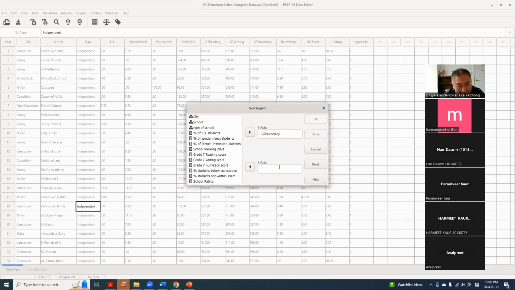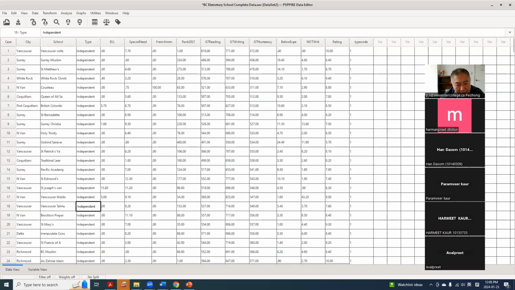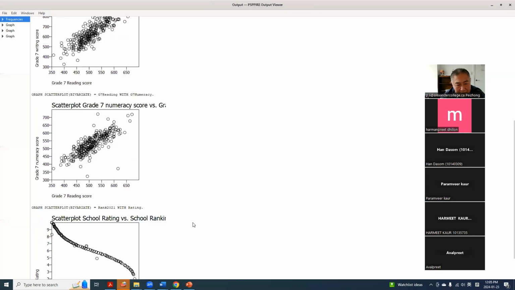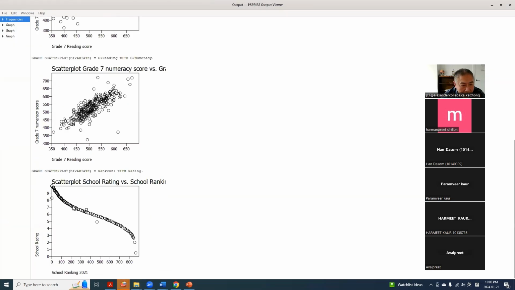On the x-axis, I'm going to get rid of both. The x-axis, let's see, school ranking. And the y-axis is school rating, rating out of 10. And then see what we have. Oh, here's what we have.